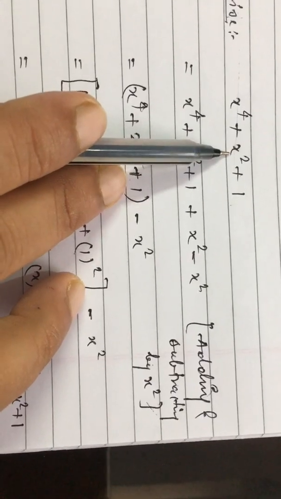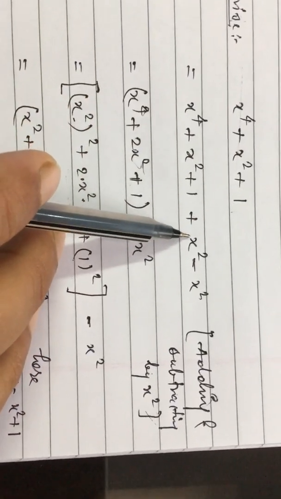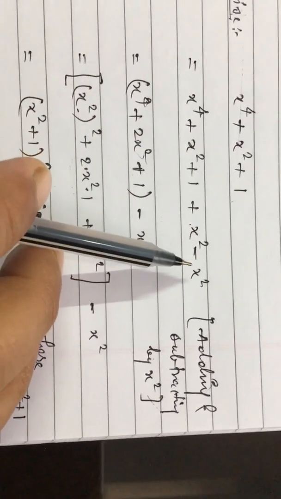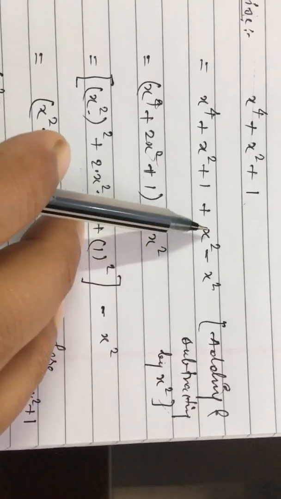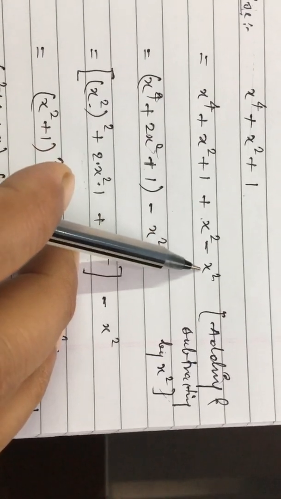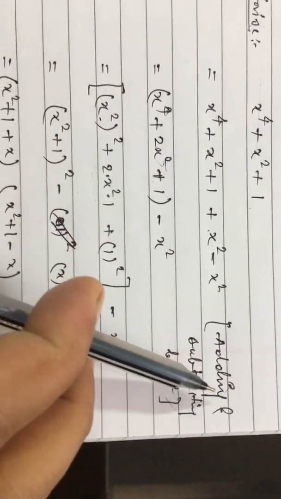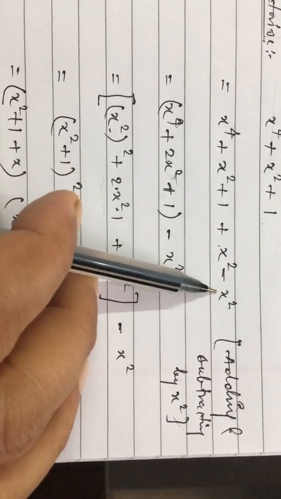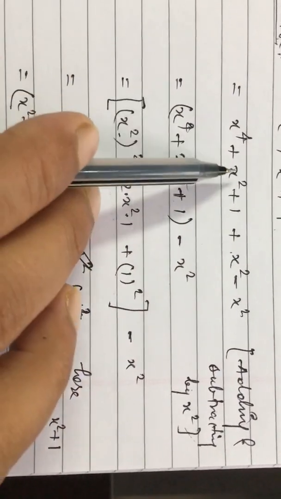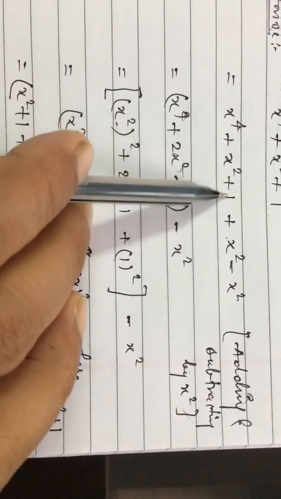So for making 2x square, we will add 1 x square here and subtract it there. According to mathematics, whatever we add, the same we have to subtract. That's what I have written here, adding and subtracting x square. So x to the power 4, 2x square and 1 square.